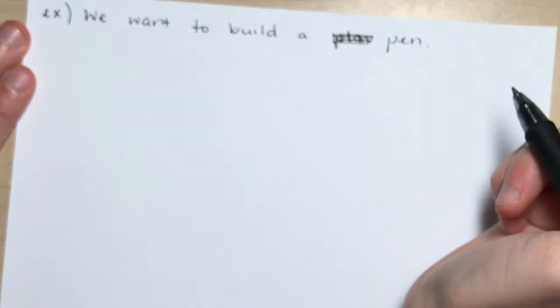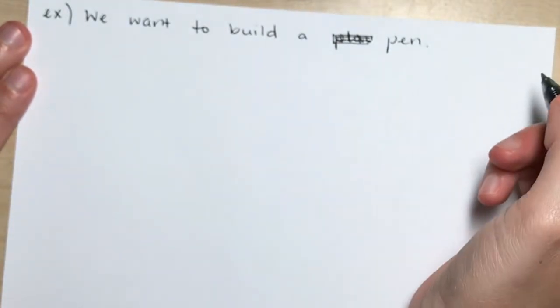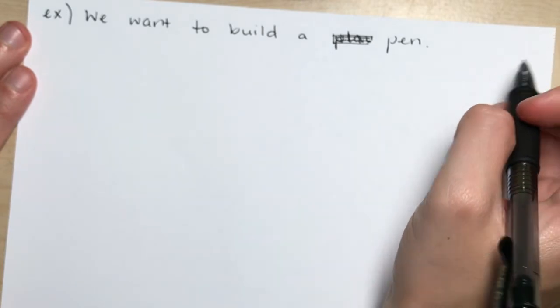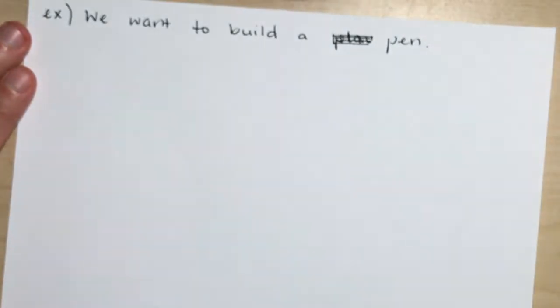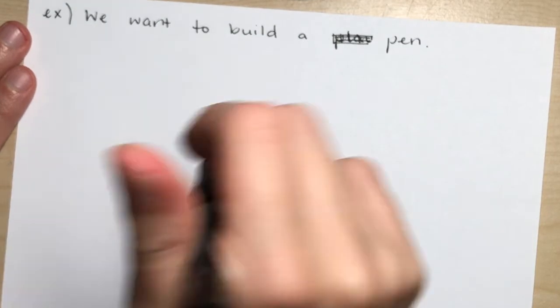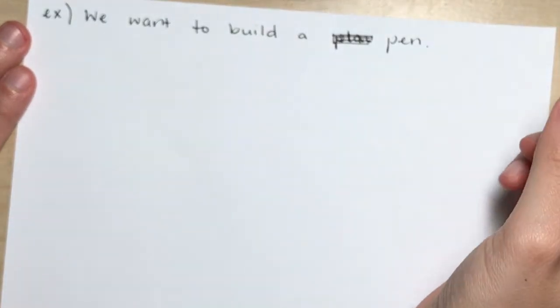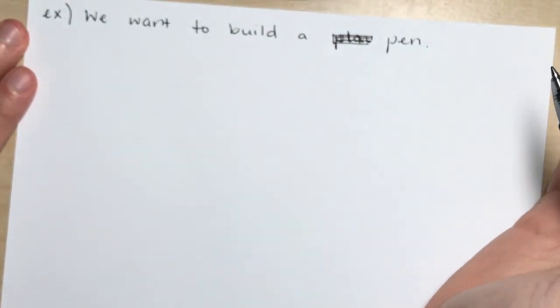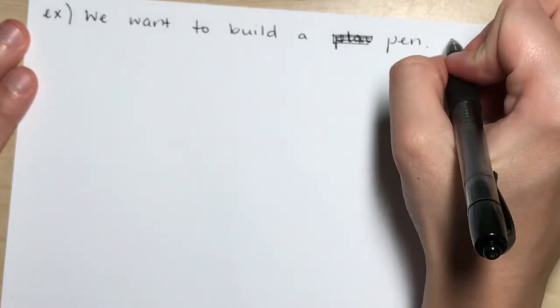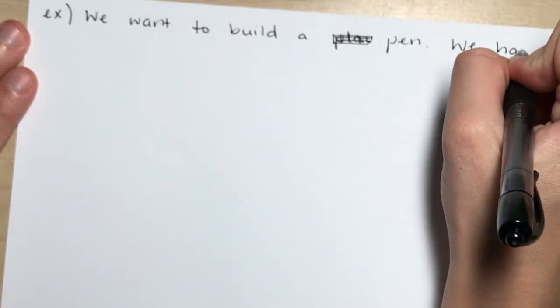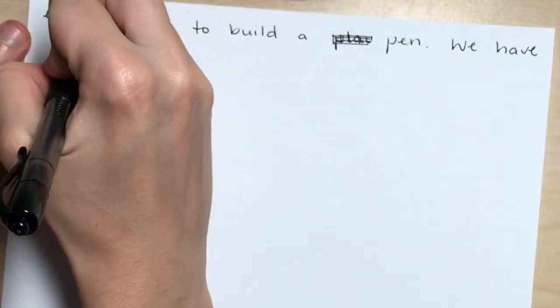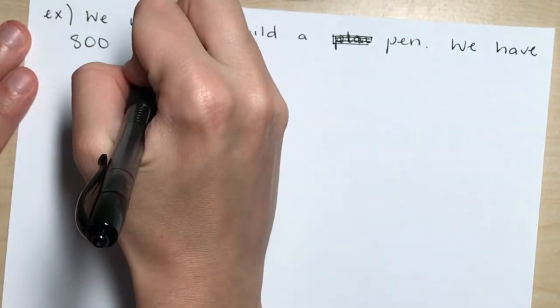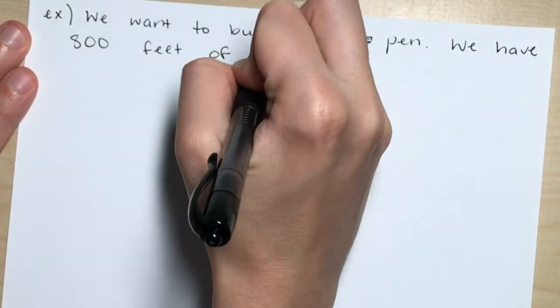I want to talk about the different ways that we can write down functions to represent the outer length of something like this, or the perimeter, or whatever it's asking for. So let's say we have 800 feet of fencing.